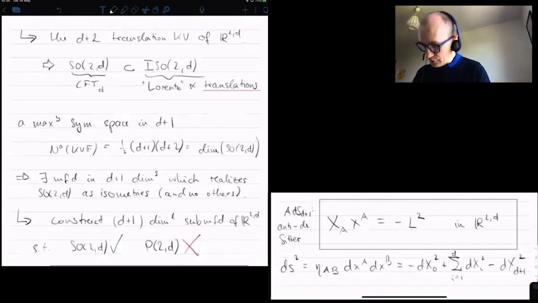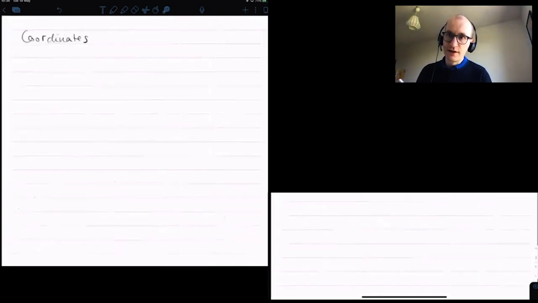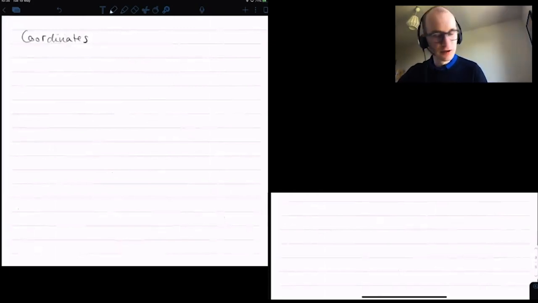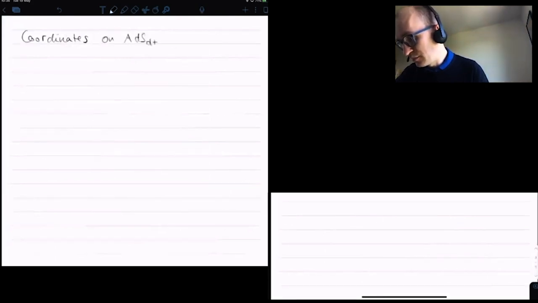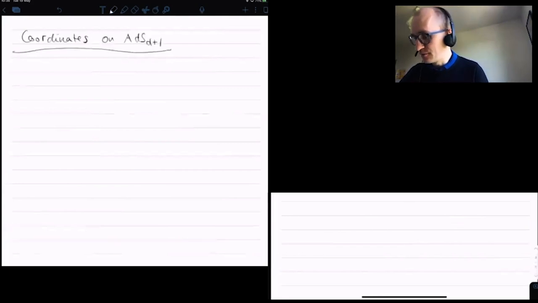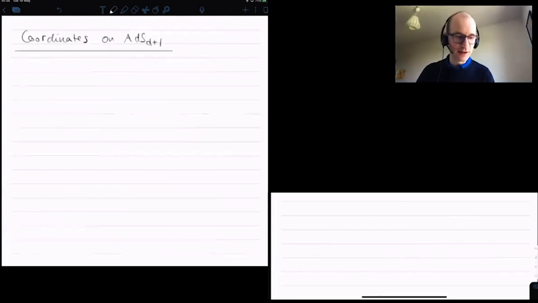And the point of that name, for those who don't know, is that if I had chosen here a positive sign, then I would end up with some space-time that is of relevance in cosmology, and that was for the very first time written down by de Sitter. And because you change the sign, you call it anti-de Sitter. It would be kind of funny if someone now corrected me and said there was actually a guy called anti-de Sitter, but I don't think that's historically accurate.